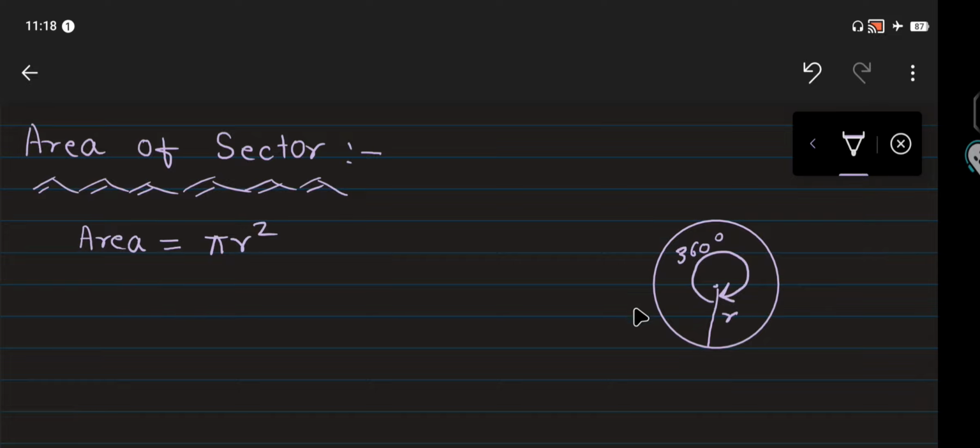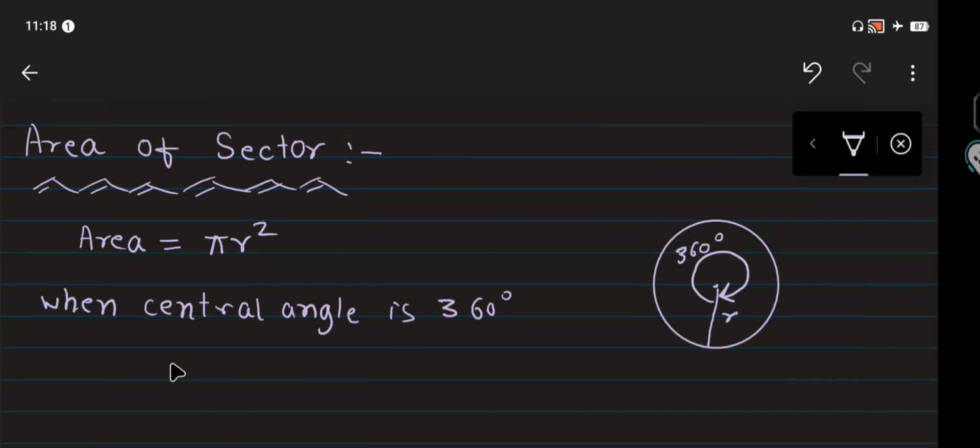It means that when the central angle is 360 degrees, it will be covering all the area of this circle, and the area of the circle will be pi r square. So for 360 degrees we have the area pi r square.